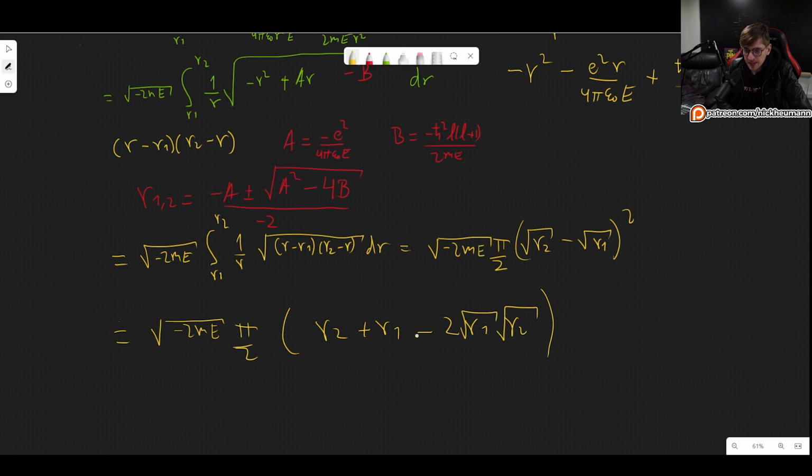So we need to find each one of these quantities. We need to find the sum of R2 and R1, and we need to find the square root of their product. So let's begin by finding the sum. R1 plus R2 means summing this. Now, the plus or minus sign will cancel out.